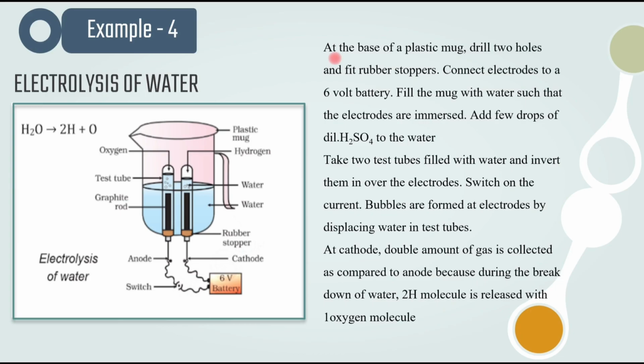At the base of the plastic mug, drill 2 holes and fit rubber stoppers. So at the bottom of the mug we have to make holes by using a drill. Connect electrodes to a 6-volt battery. After fixing the electrodes, they must be connected to the 6-volt battery.